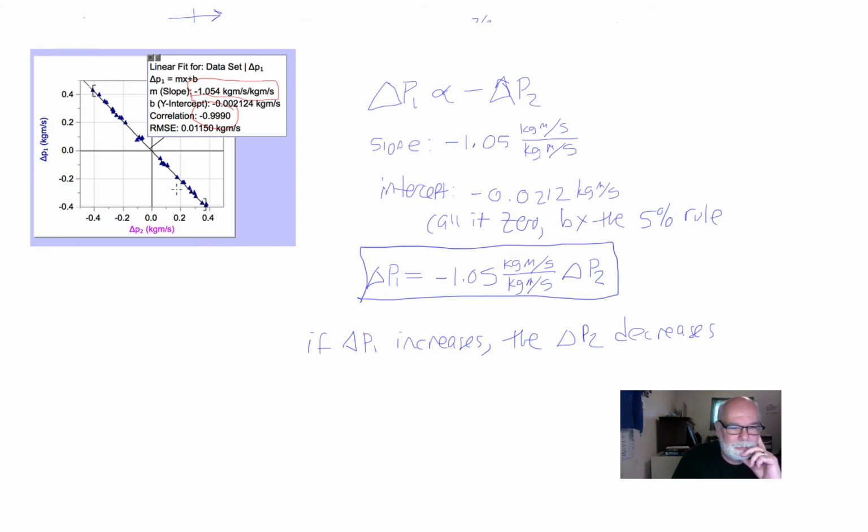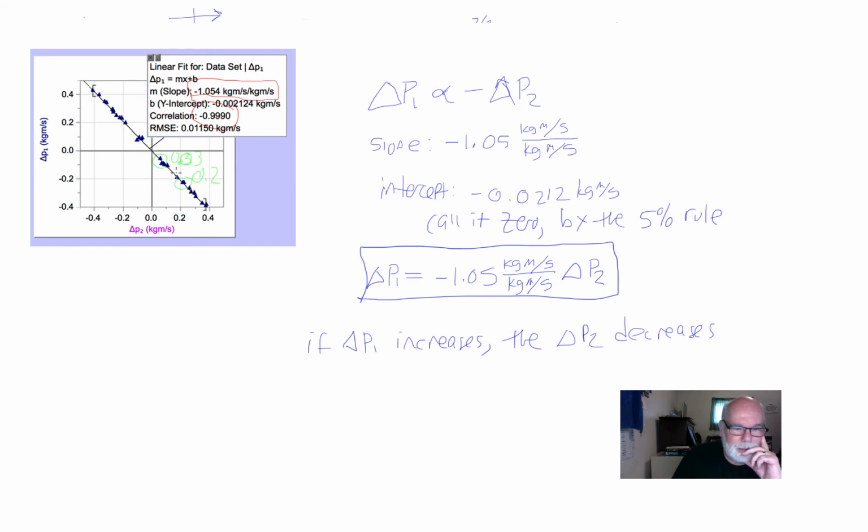Let's say I have a momentum that starts right there and ends up right there. So delta P2, if you look at this, decreased, because this is 0.2, and this looks like it's about 0.3. So going from 0.03, 0.2 is right there.